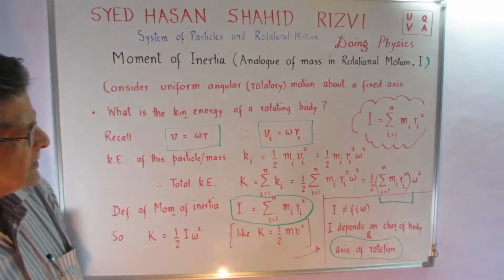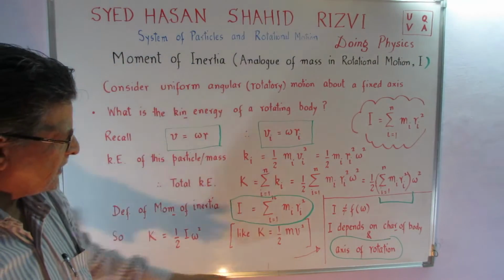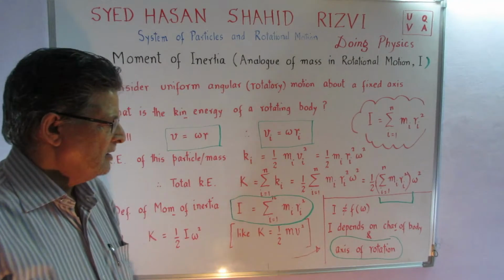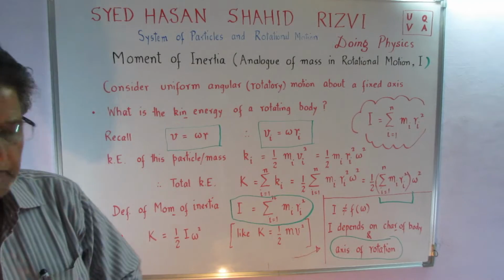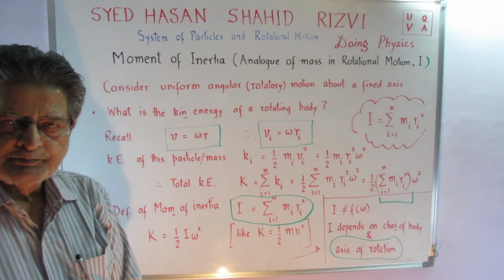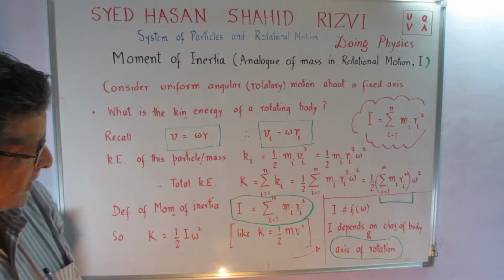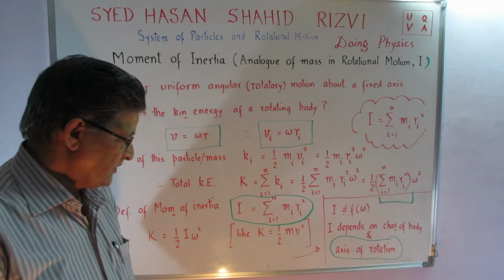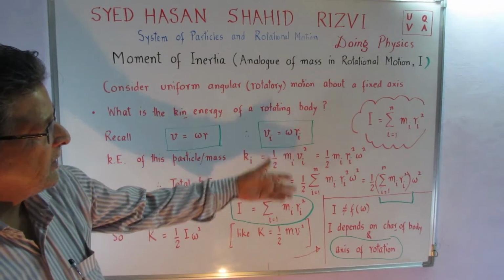So we can do that. We can calculate it for some simple bodies. The moment of inertia, for example of a ring, for example of a rod which is rotating about one axis or the other, for example about the diameter of a ring, etc., which we follow suit.